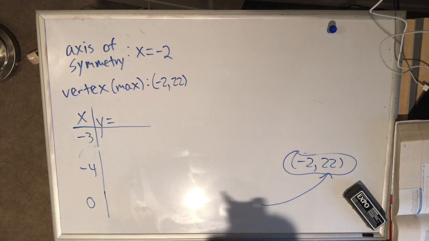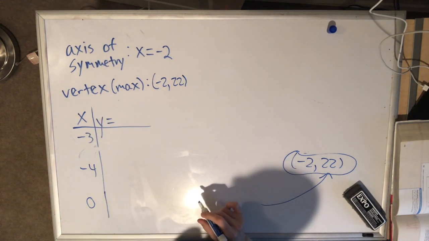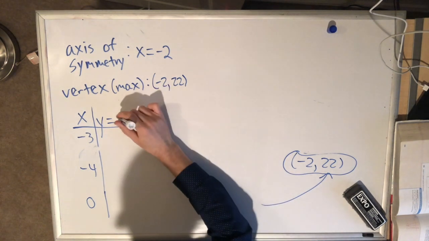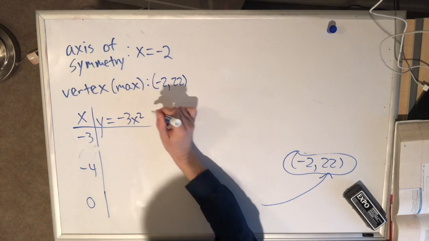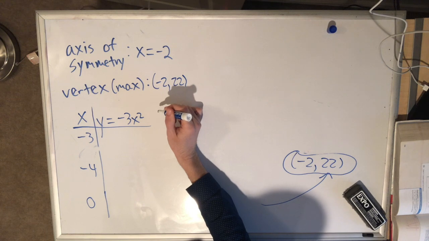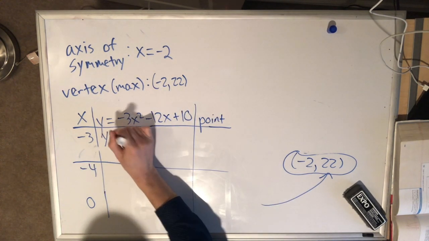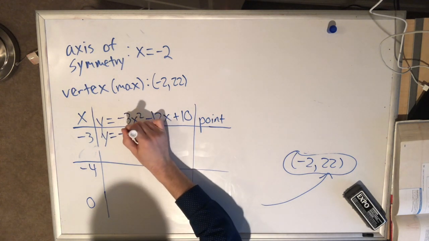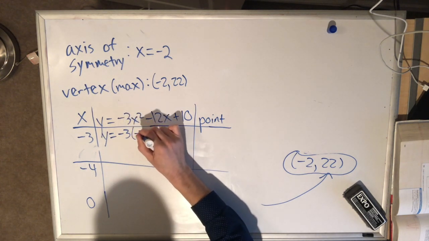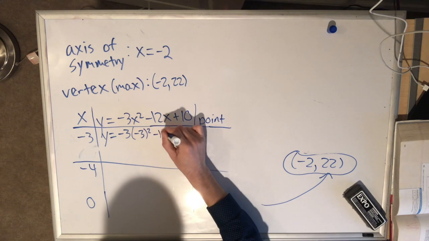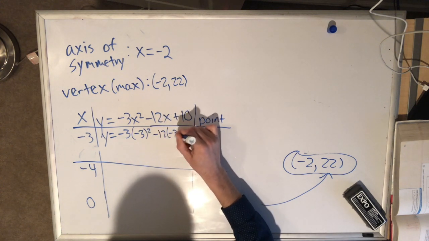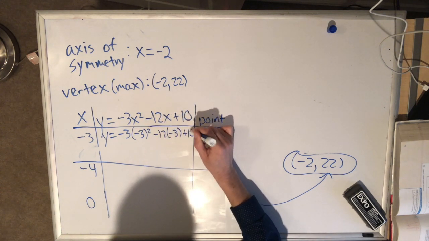Into the equation given to us in the problem, y equals negative 3x squared minus 12x plus 10. Substituting in negative 3 for x, y equals negative 3 times negative 3 squared minus 12 times negative 3 plus 10.